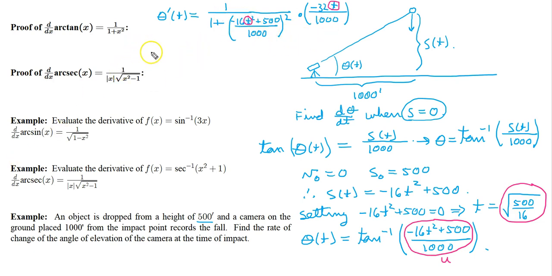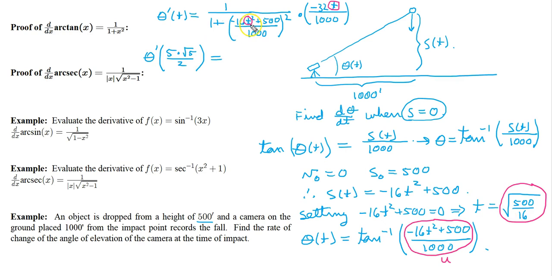So then theta prime of, and let's see, the square root of 500 over 16 will simplify as 5 times root 5 over 2. So this quantity right here is the square root of 500 over 16 simplified.